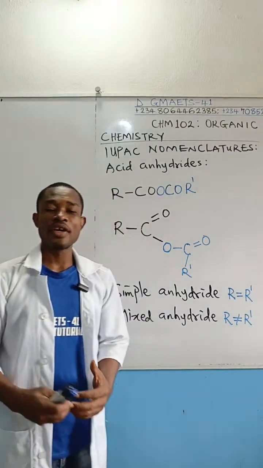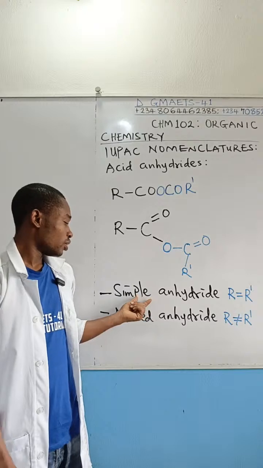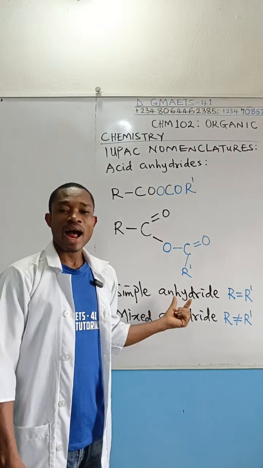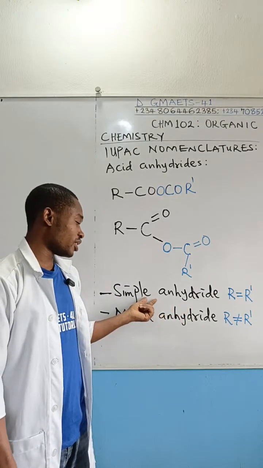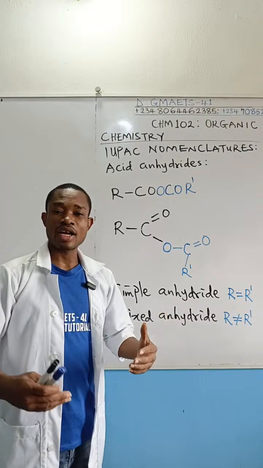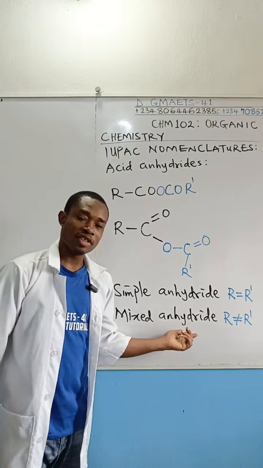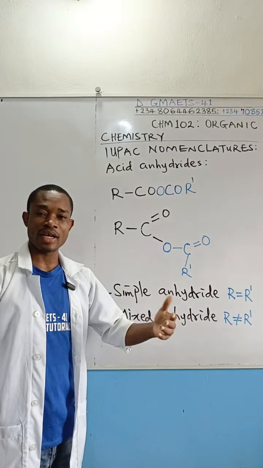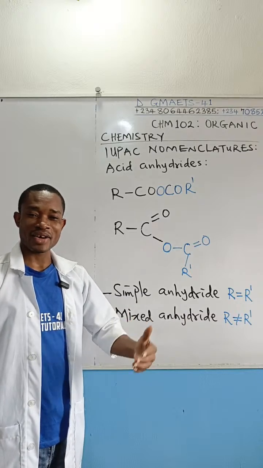Now, how do we give the parent name of these guys? For simple anhydride, the parent name is simply alkanoic anhydride. But if we come to mixed anhydride, the parent name is alkanoic alkanoic anhydride.